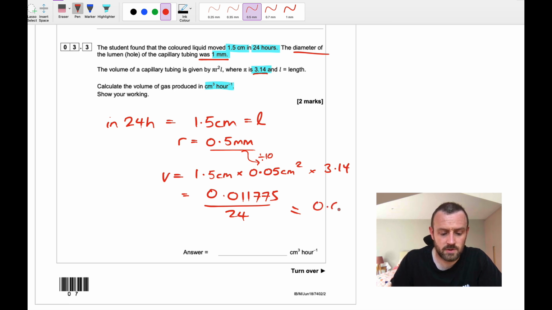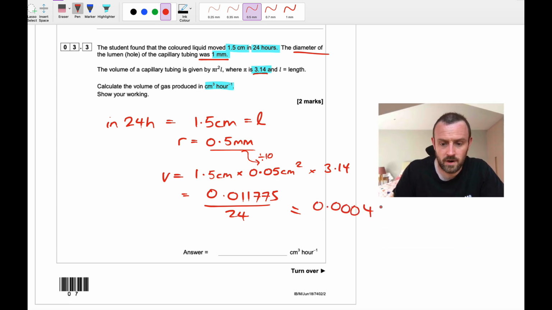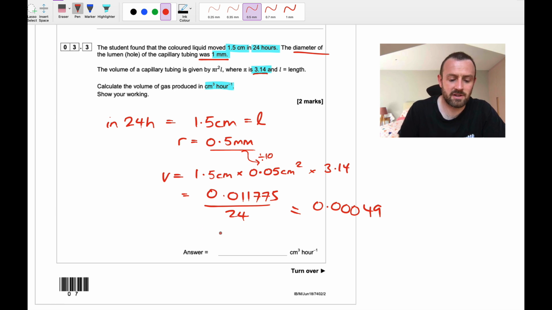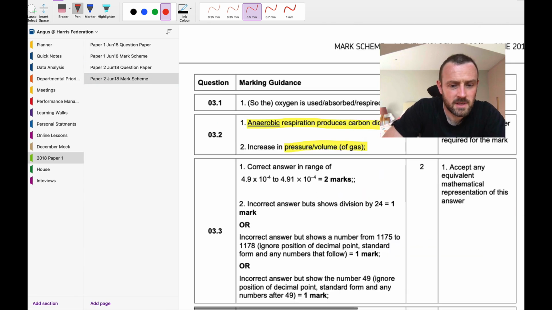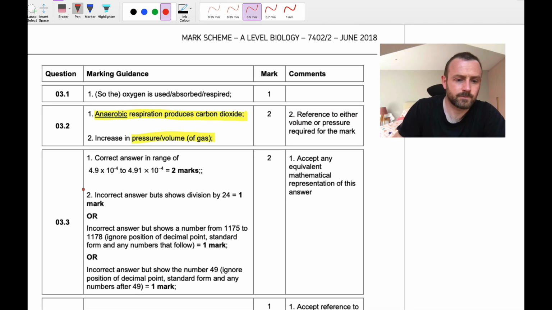It's really small, 0.00049. Now, it doesn't say you have to give it in standard form, but I think you probably should. So 4.91234 times 10 to the minus 4. Is that right? It feels quite small, but let's give it a go. 4.9 times 10 to the minus 4. Yes, it is.